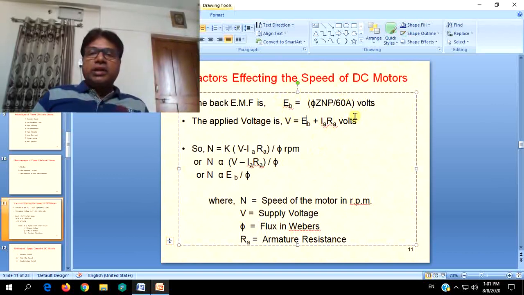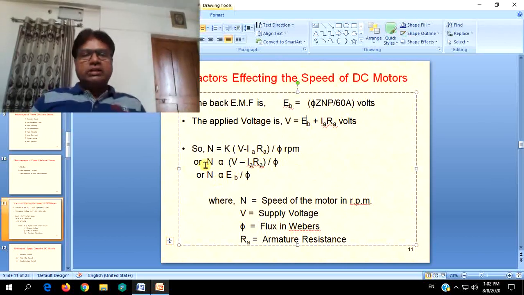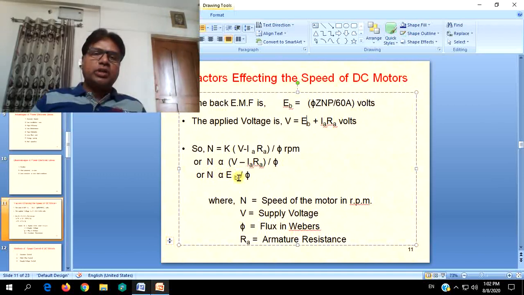And eventually by comparing these two equations, you can find an expression as N is equal to K, a proportionality constant, into V minus IA RA, that is EB. V minus IA RA is nothing but EB by phi. Eventually, it can be visualized as N is proportional to V minus IA RA by phi, or mainly it is understood as N is proportional to EB by phi, or N, the speed of the motor, is directly proportional to the back EMF and inversely proportional to the field flux.